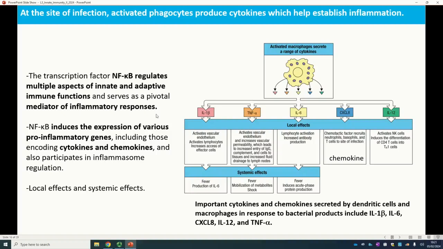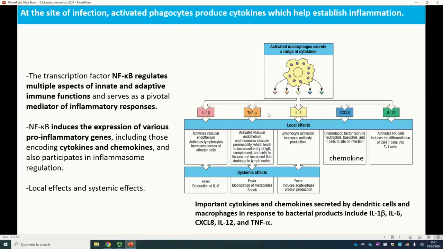And NF-kappa B will induce the expression of a whole variety of pro-inflammatory cytokine genes, and these are cytokines and chemokines. So remember, cytokines are our signaling molecules, and chemokines are a class of cytokine, but they're important in cell migration.